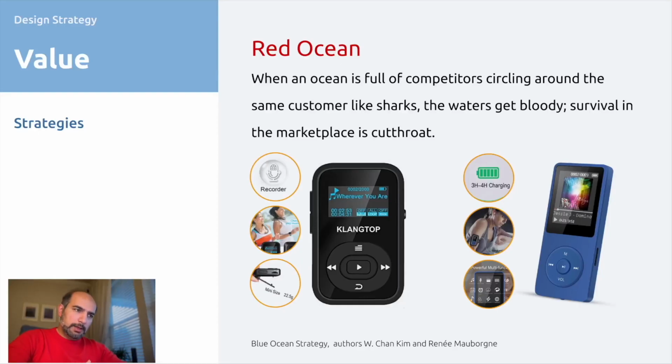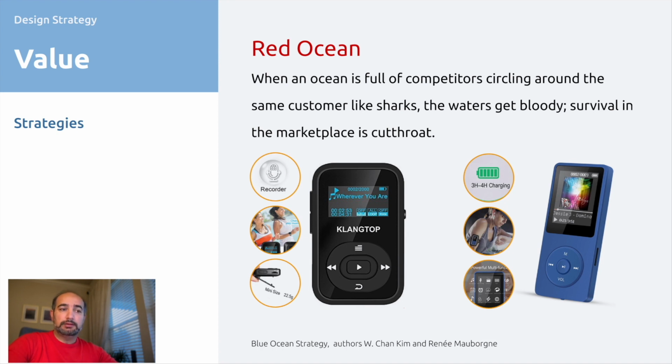So we want to talk a little bit about this idea of red ocean and blue ocean with an example, actually. Here, ocean is actually the market. The red ocean is when an ocean is full of competitors circling around the same customer like sharks.